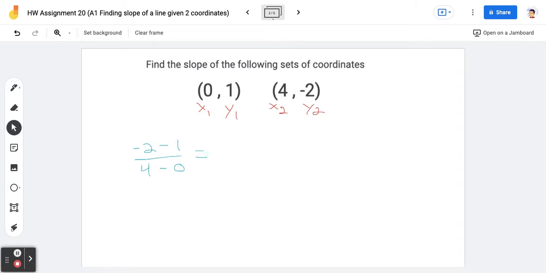Use your calculator. Be careful with the calculations. Negative 2 minus 1 is a negative 3. 4 minus 0 is 4. And that actually can't be simplified anymore. So my slope is negative 3/4.